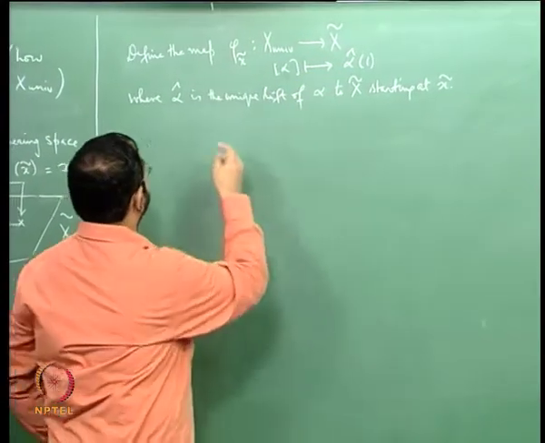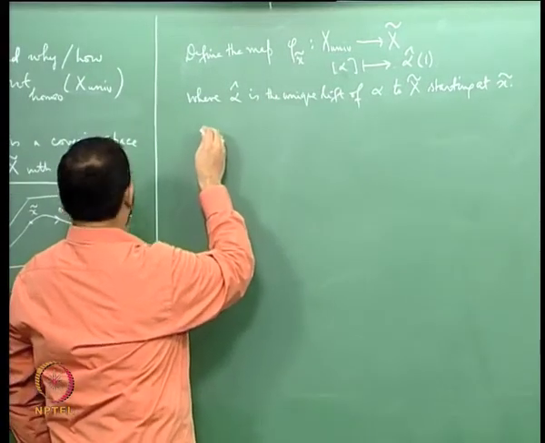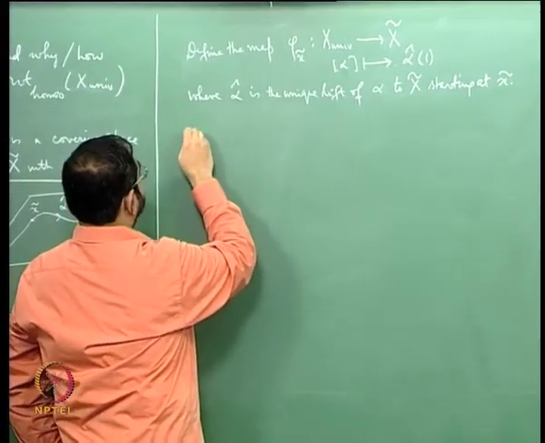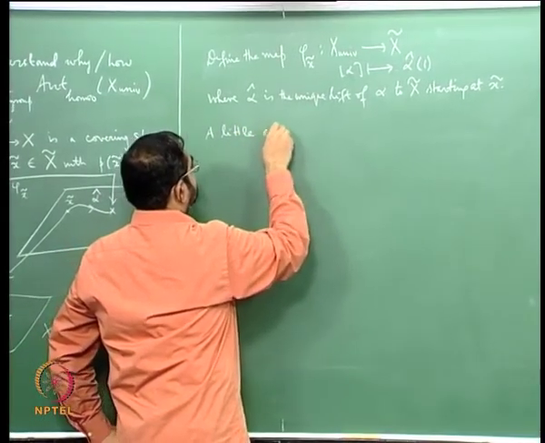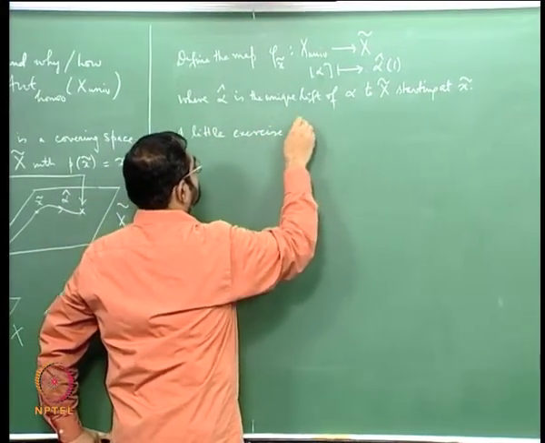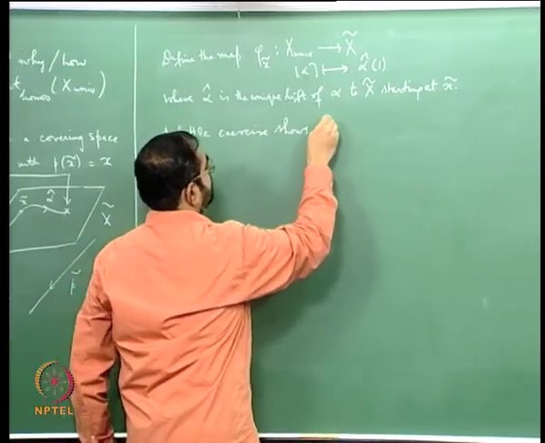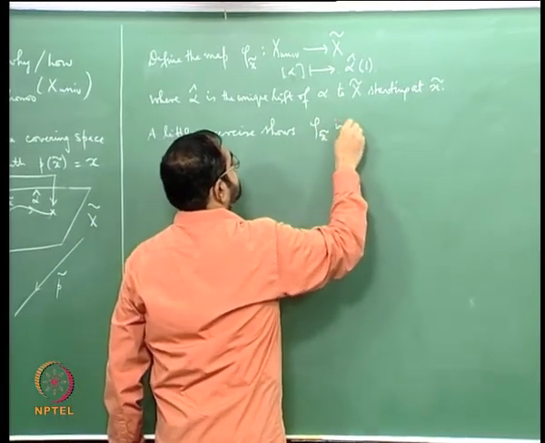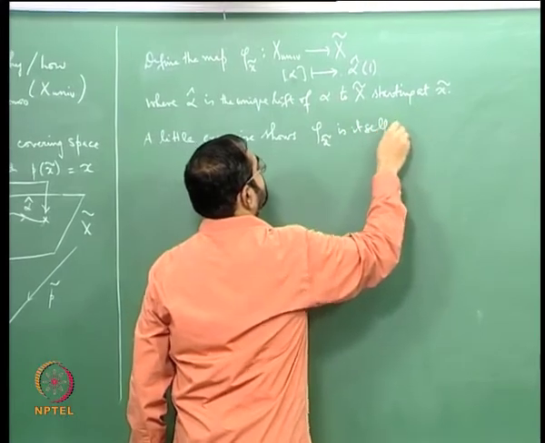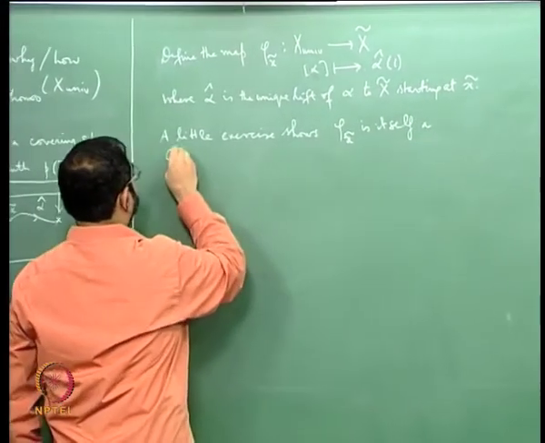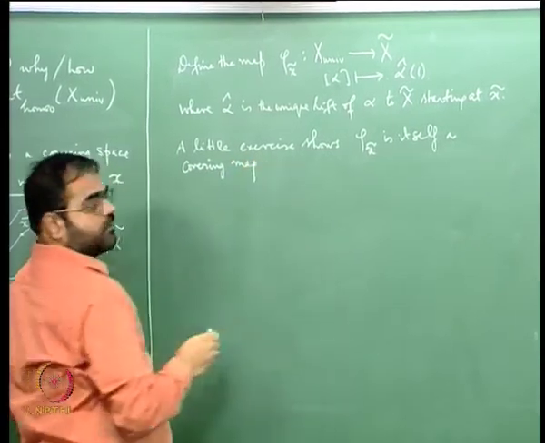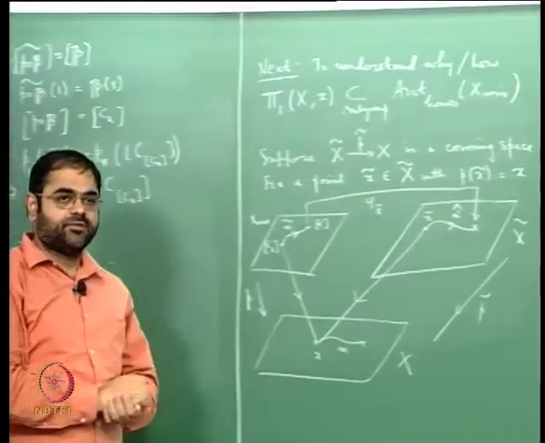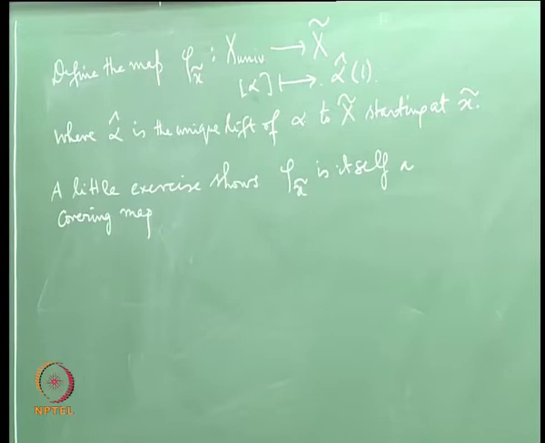So let me write that a little work exercise shows phi sub x tilde is itself a covering map, okay. So this is some work that needs to be done, all right.